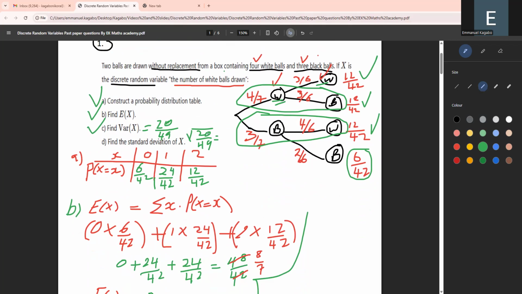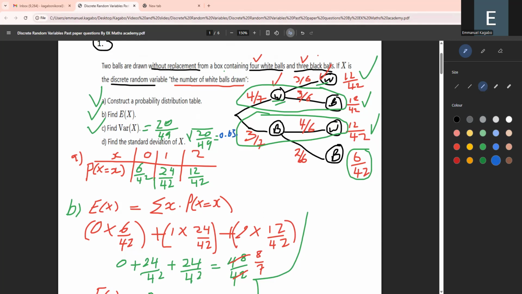Normally you can use surds, it will be 2 square root of 5 over 7, but let me write it as a decimal. Let me type it in the calculator. The final answer is going to be 0.639. That's the standard deviation, guys.